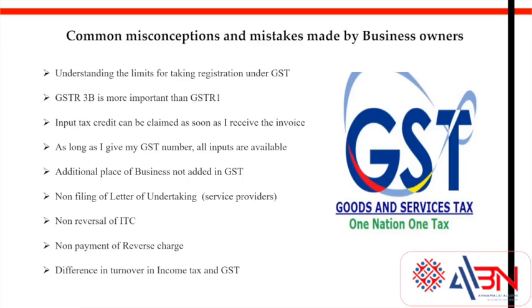And the last one is the difference in turnover of income tax and GST. Right now, the government is sharing data between these two departments. Our 26AS, which is a mere statement of our TDS and advance tax paid, now has our GST turnover.